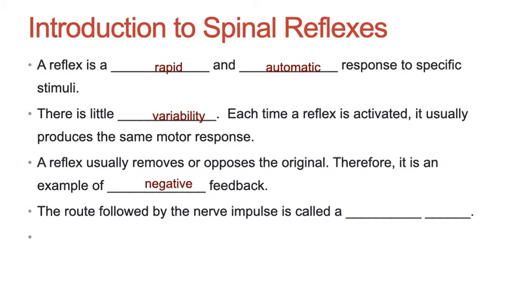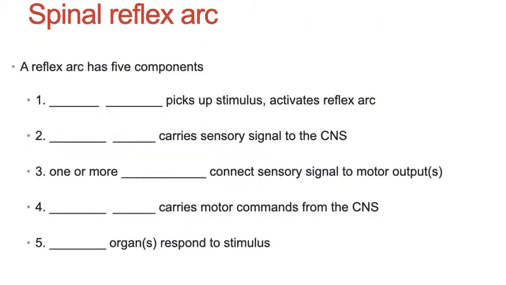Now, the route that's followed by the nerve impulse involved in these reflexes is called a reflex arc. Like I mentioned, a reflex is an involuntary, stereotypical response of a muscle group or an organ from the stimulation of a receptor.